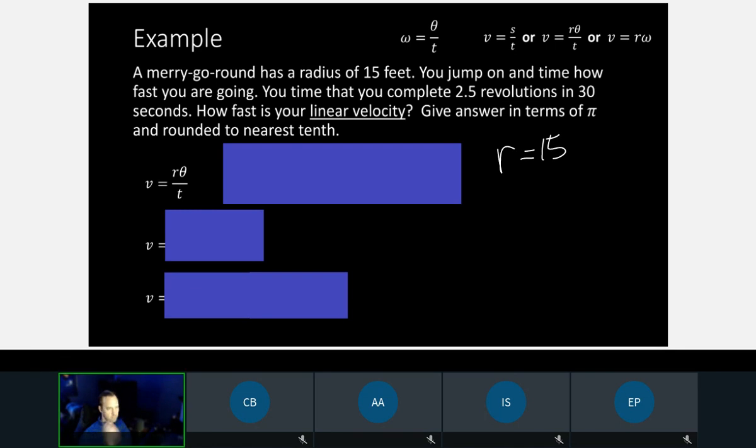To find your total angle, so in 30 seconds, we go around 2.5 times. How do I find the total revolutions in radians?